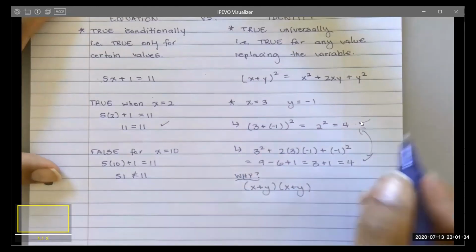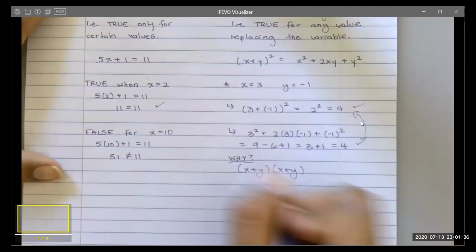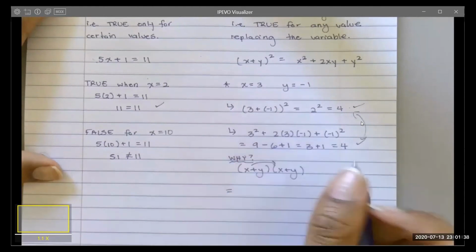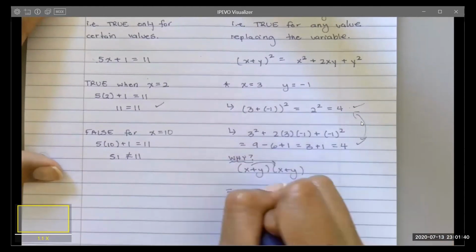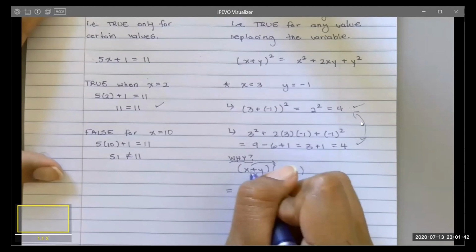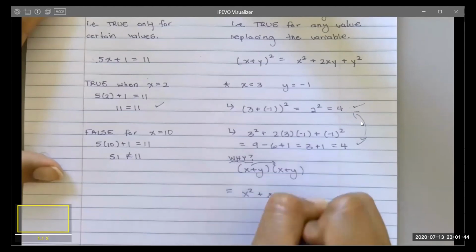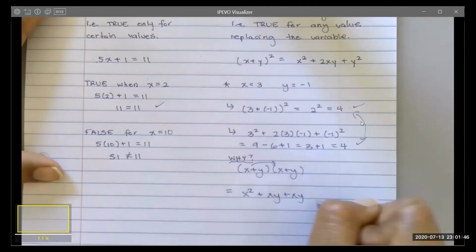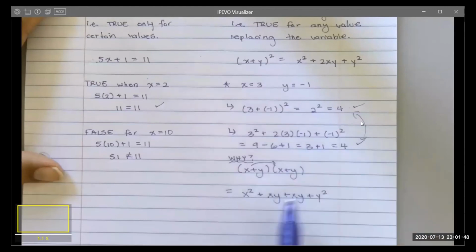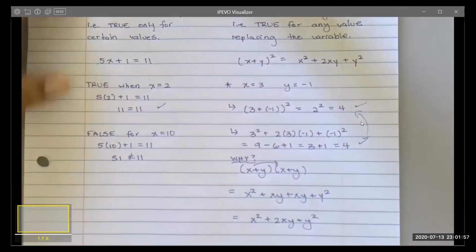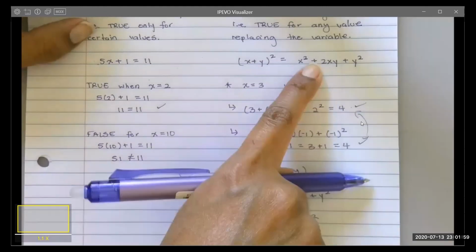Well, I'm about to show you, because you can just distribute. x times x gives us x squared, x times y gives us xy, y times x gives us xy, y times y gives us y squared. Combining the like terms, this gives us x squared plus 2xy plus y squared, which is the right-hand side of the identity.